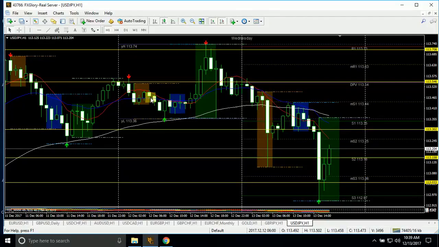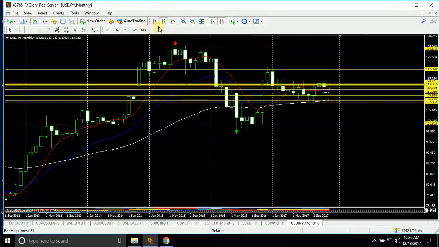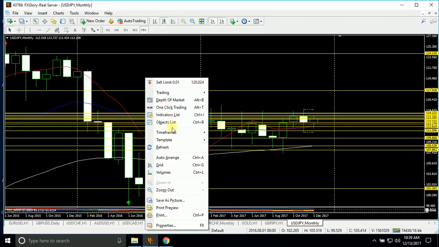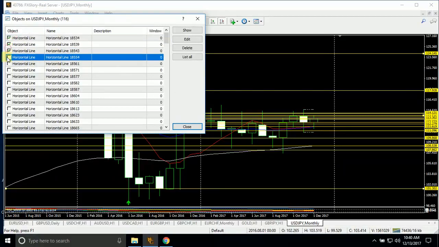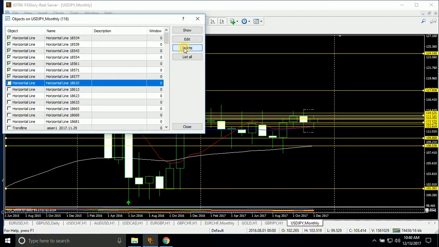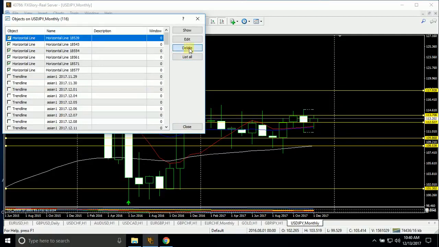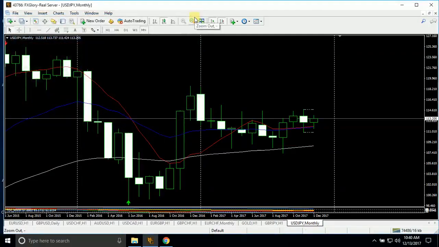Now that we have drawn our zones, let's go back and I'll show you how to label these zones.